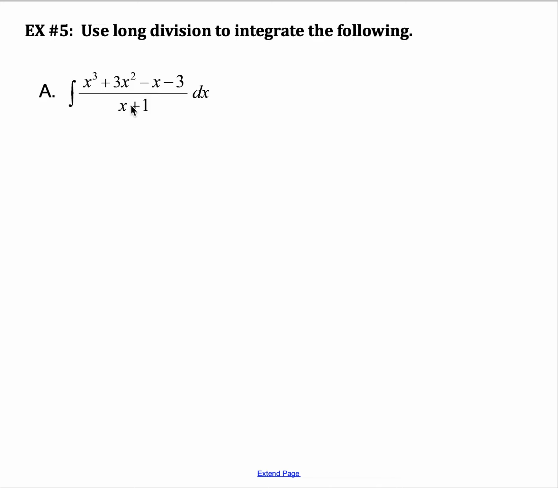If your divisor is a binomial to the first degree, x plus 1, we could use synthetic division. And again, this is going to be the divisor that we're going to use. And then we just focus on the coefficients for each term. So that would be 1, 3, -1, and -3.